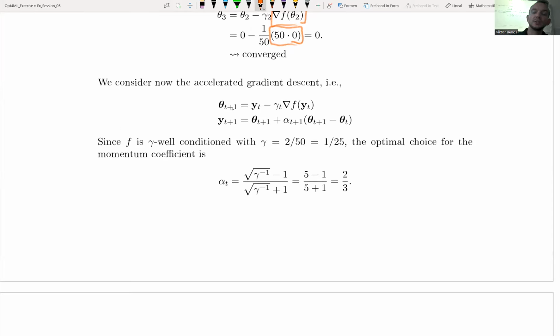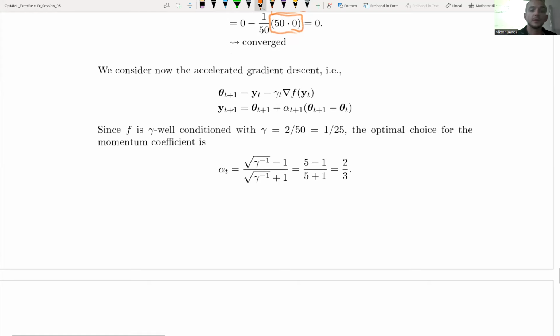The next iteration is given by this y_t vector, which is tracking the momentum term more or less, minus gamma times the gradient at the momentum term. This look-ahead gradient, or this y_t, is composed of the momentum term and the iteration you had before.